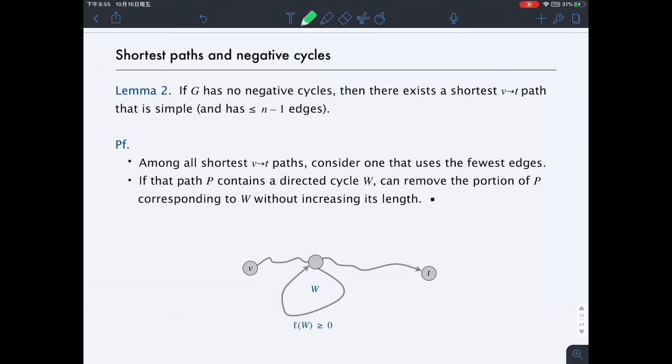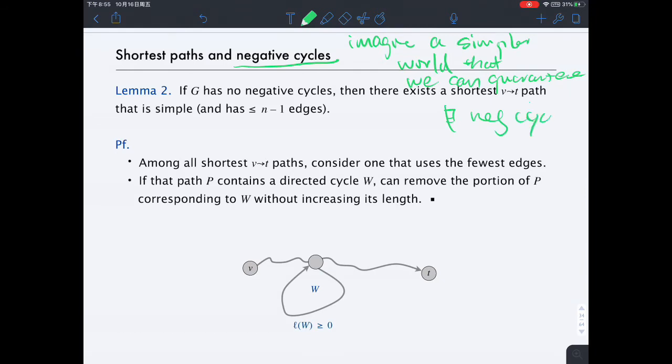And let's say you are living in a little bit more benign world, a simpler world, where I can guarantee that there exists no negative cycle.